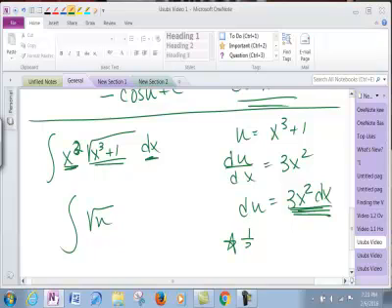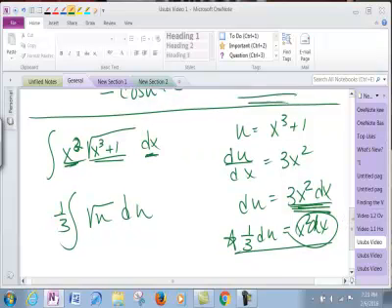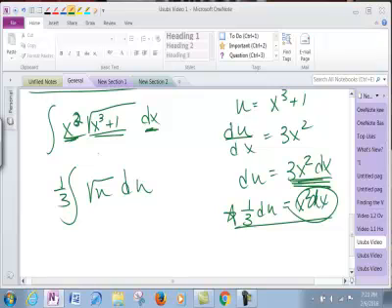The way we do that is simply move that 3 over, right? So now we have exactly x squared dx, and so 1/3 du, and I always like to bring the 1/3 out in front of the integral, mainly because it makes it easier to integrate.